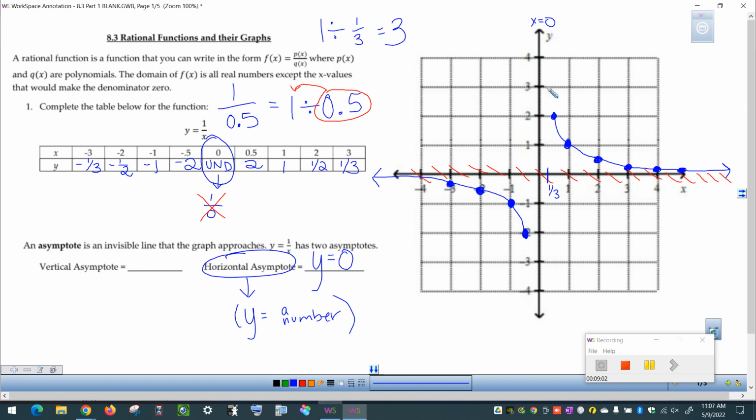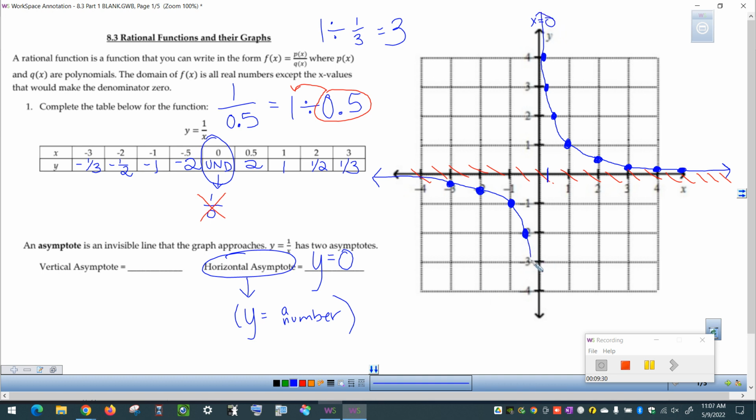All right, so if x is 1/3, the y value, notice how it's getting higher. Now it's a y value of 3. If x was 1/4, if it was even closer to the y-axis, 1 divided by 1/4 would be 4. So it's getting higher, but it's getting even closer to the y-axis. And that's going to actually continue forever as this line goes upward.